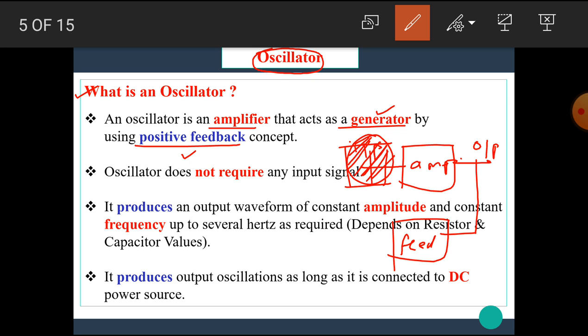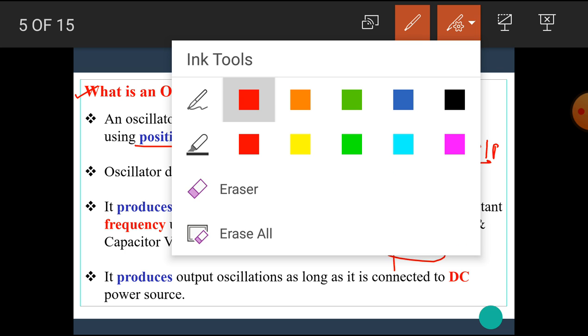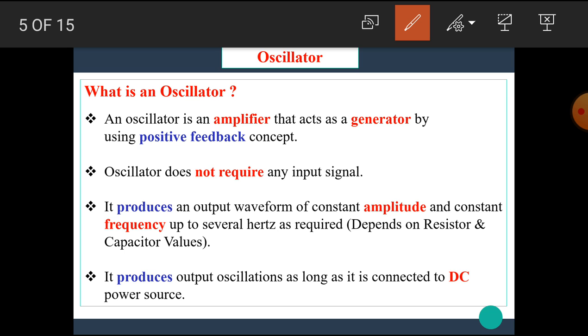This feedback network, or feedback element, gives supply to the amplifier. This is the basic diagram of the oscillator. I hope you all understand the concept here. The oscillator is basically an amplifier and uses a positive feedback network, and it does not require any input signal.